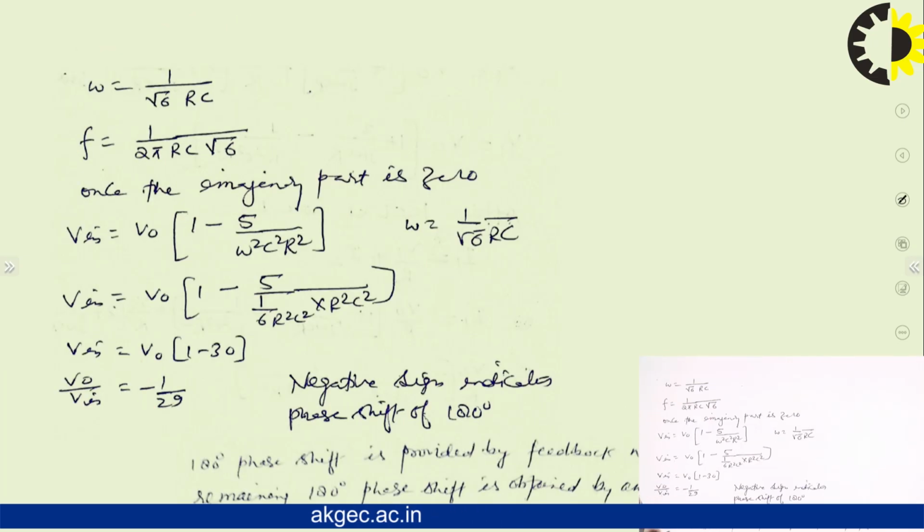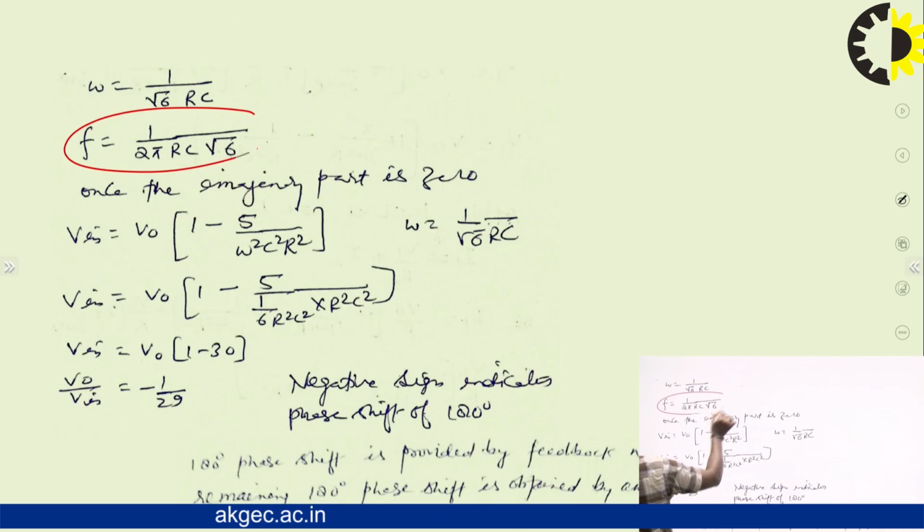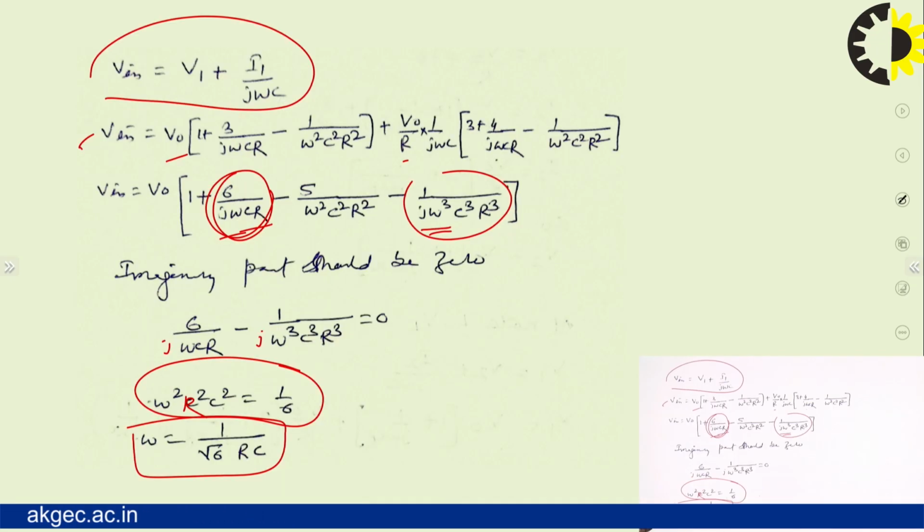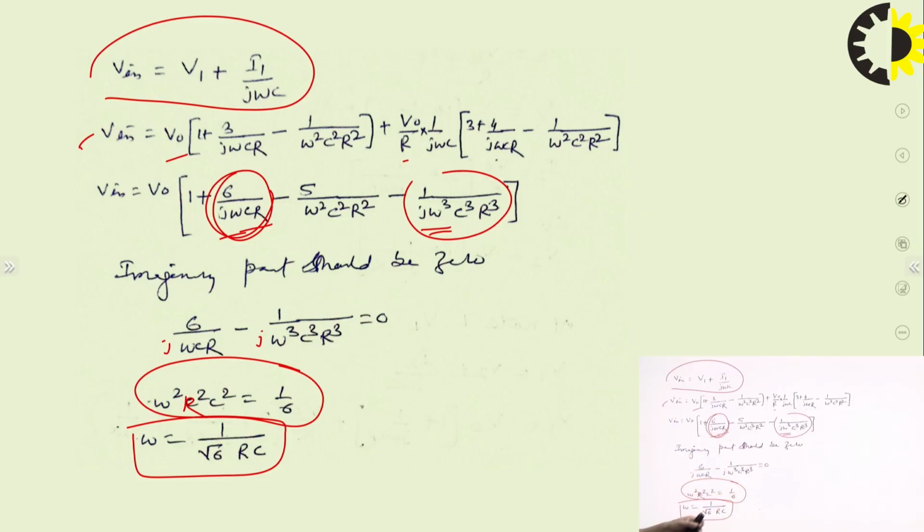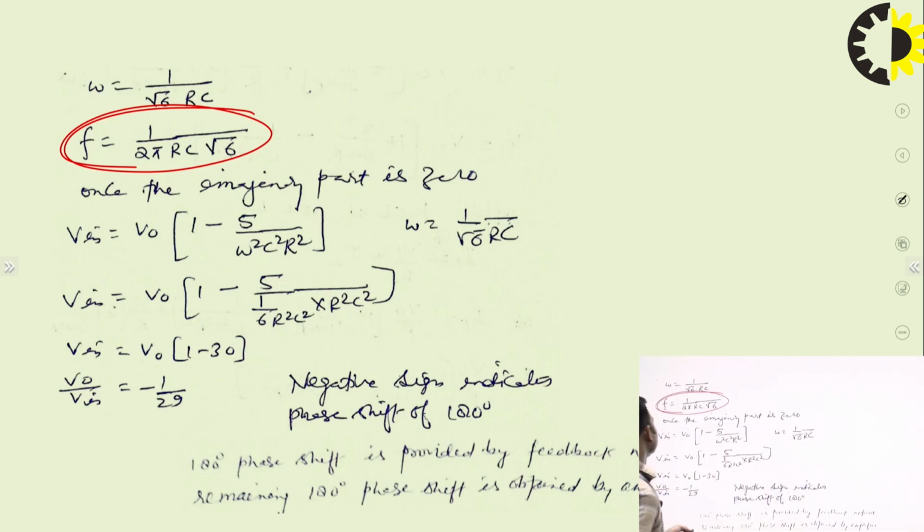That means f is equal to 1 upon 2 pi RC into under root 6. So if you put this value of omega here, or simply omit these two and directly put omega here, then you will get V naught multiplied by this term is equal to V in.